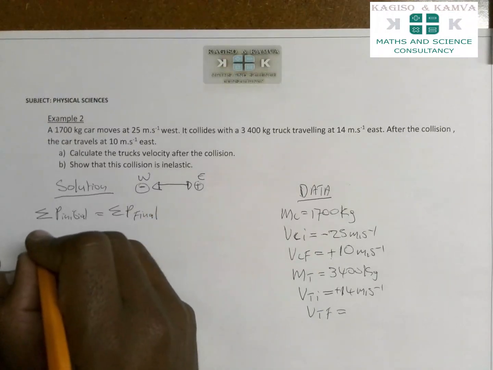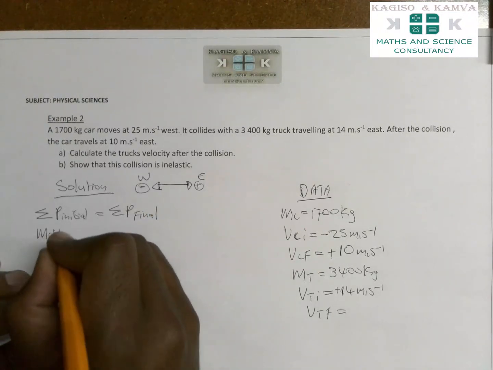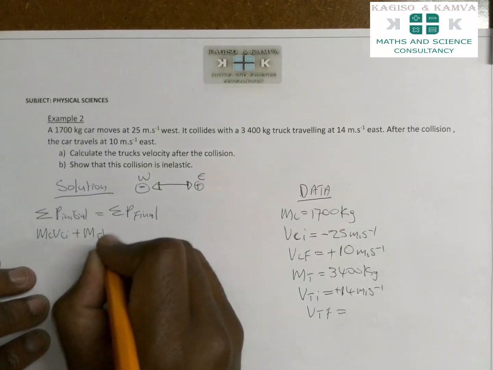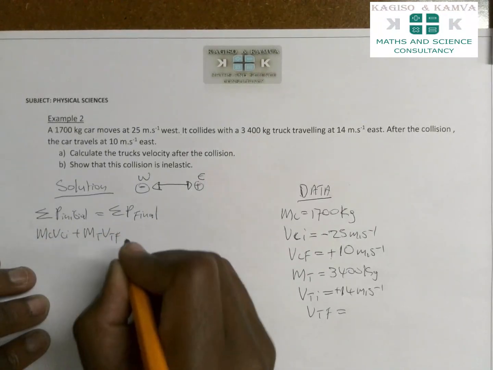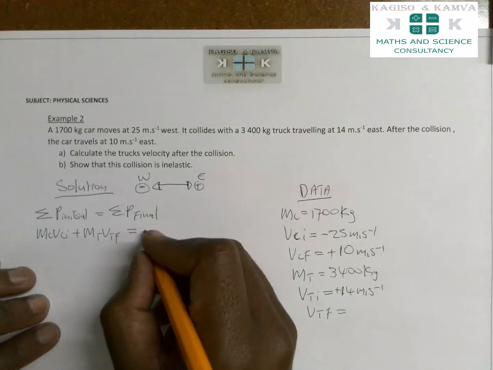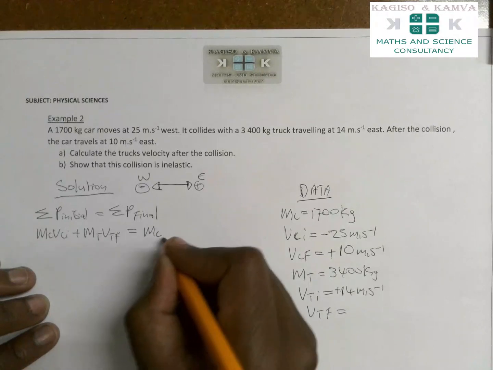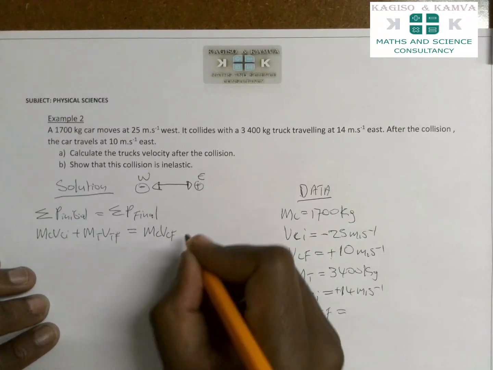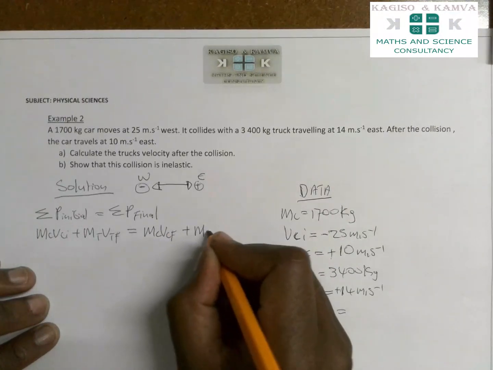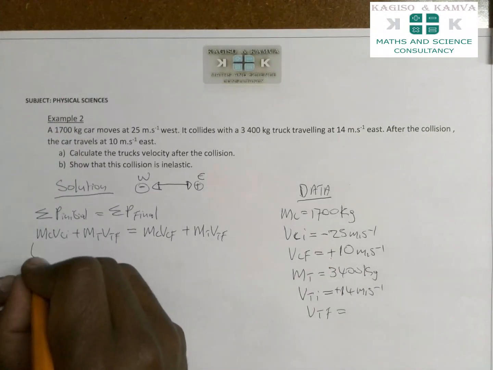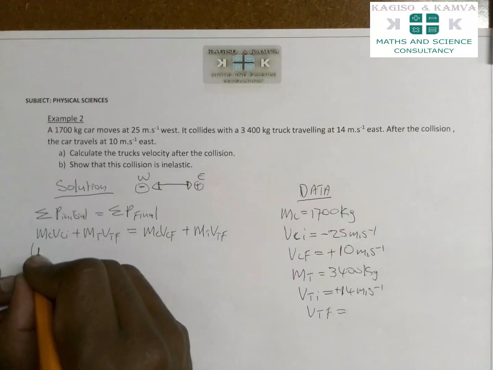That will be the mass of the car times the initial velocity of the car, plus the mass of the truck times the initial velocity of the truck, is equal to the mass of the car times the final velocity of the car, plus the mass of the truck times the final velocity of the truck.